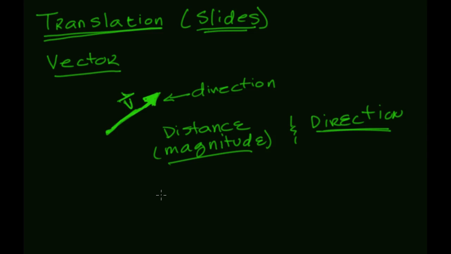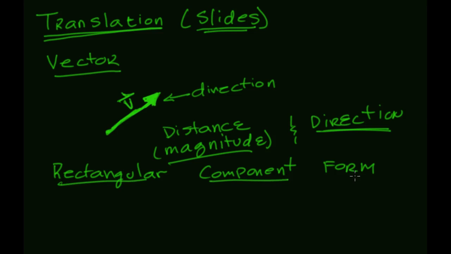Okay, so another way that we can represent vectors is using what's called rectangular component form.